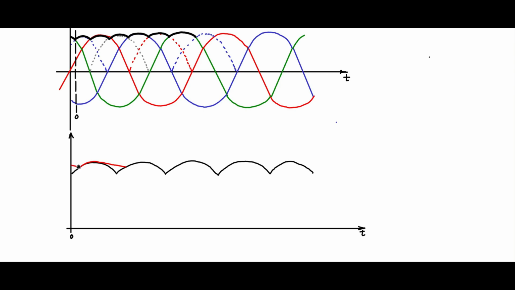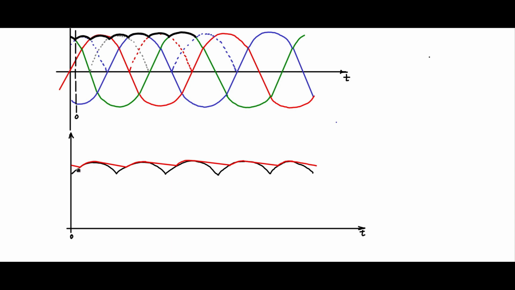Similar concept: in steady state, at this point, let us say the diode conducts, the output voltage tracks the input envelope, and then discharges. Then at this point it tracks the input envelope again, and once the input envelope goes below the output, the diodes are reverse biased, then the capacitor discharges, and so on, this continues.